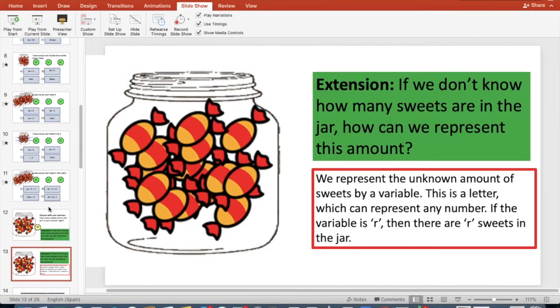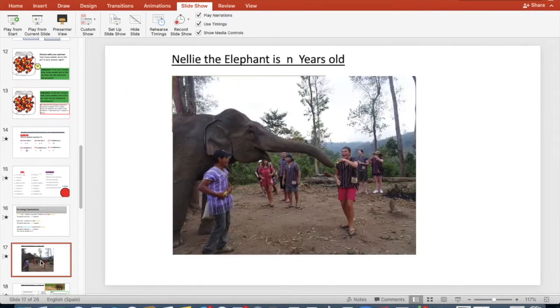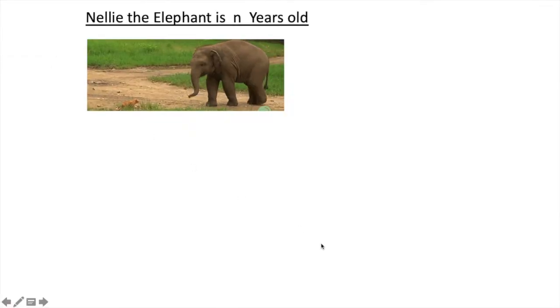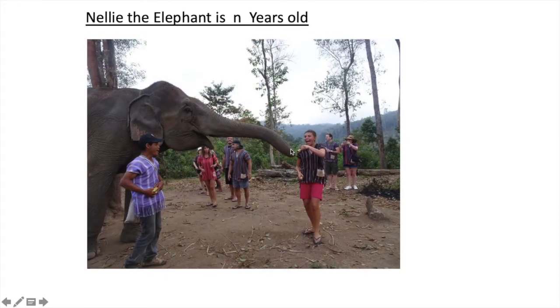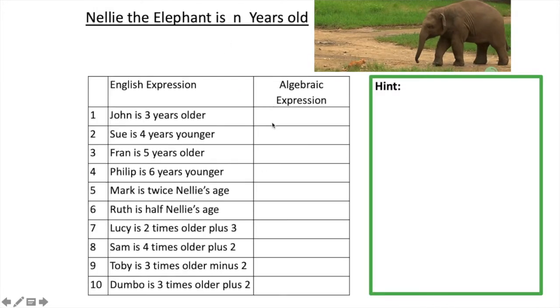So before we go over some examples, I'm going to introduce you to something. And this is Nellie. This is Nellie the elephant. And we're going to say that Nellie is N years old. And this is me meeting Nellie the elephant. And this elephant is also N years old.